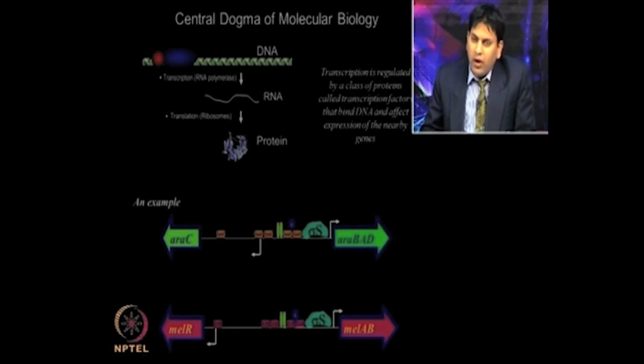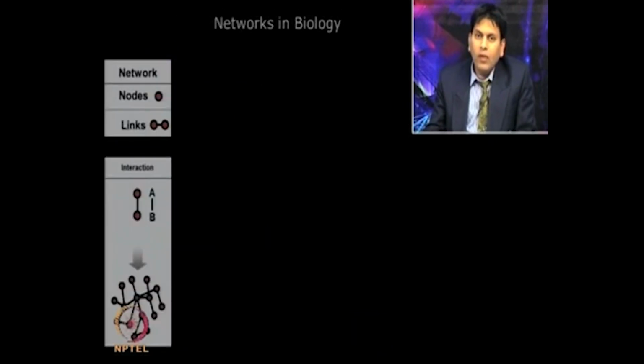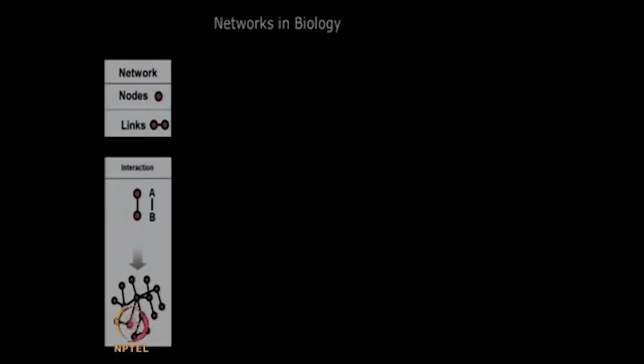Now, in addition to the binding of transcription factors, as I mentioned earlier, RNA polymerase also binds, shown with the green oval, so that they can control the expression. There are other examples also shown in this figure, with the MelR regulator also doing something similar. Now, what we just discussed is an idea of how regulation happens from a biological viewpoint.